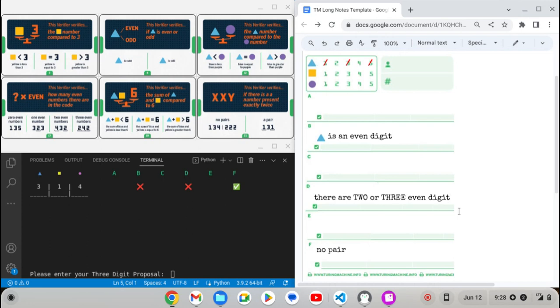Well, I think we can say that there can't be 3 even digits. I think there's a thinking in playing Turing Machine that if, for example, there were 3 even digits, then criteria card B would be irrelevant. Of course, if we had 3 even digits, the triangle is even. So I think we can conclude, and you don't want a card to be superfluous.